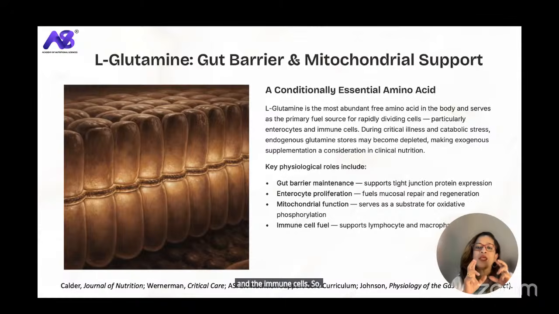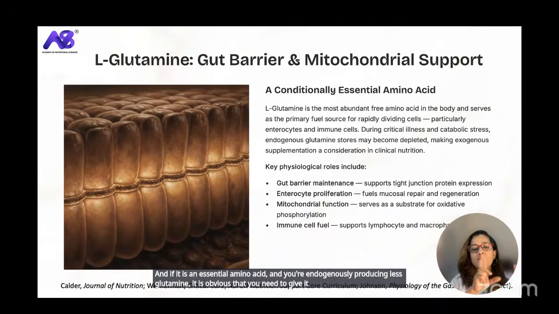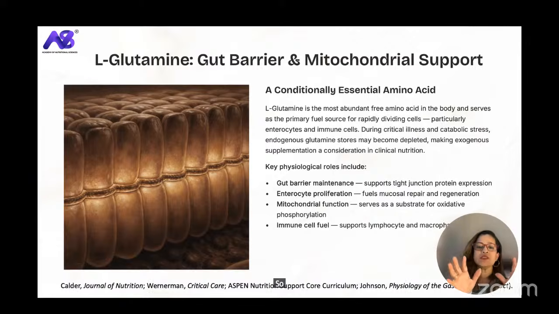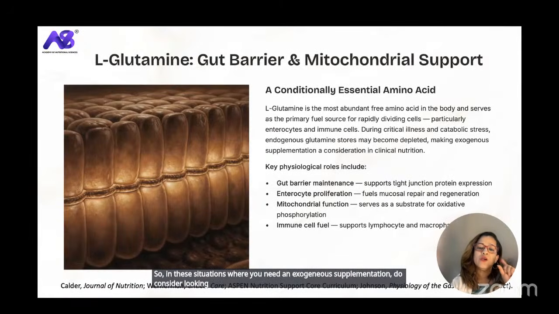So when there is a period of severe metabolic stress, especially for trauma and critically ill patients, the endogenous glutamine stores may become depleted. And if it is an essential amino acid and you're endogenously producing less glutamine, it is obvious that you need to give it from outside. So in these situations where you need exogenous supplementation, do consider looking at the glutamine levels also of the supplement.